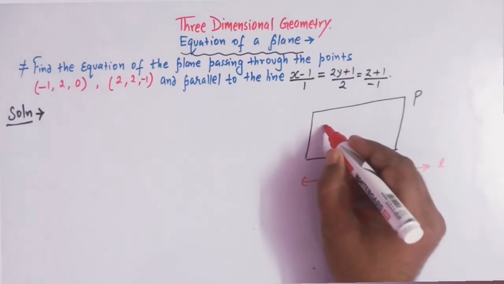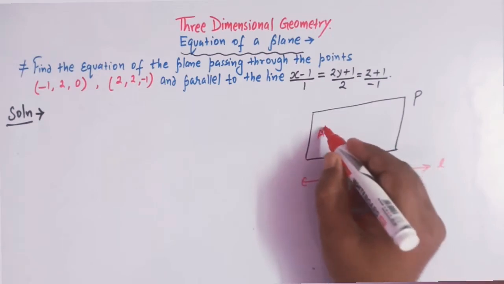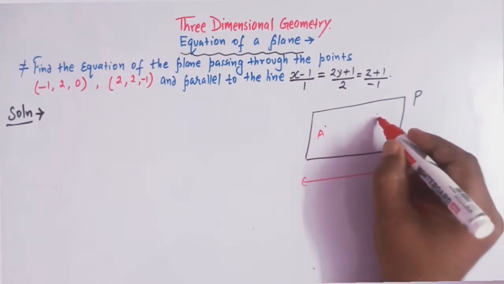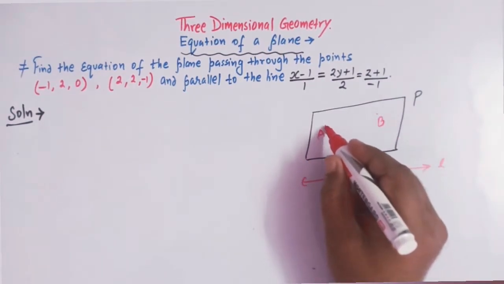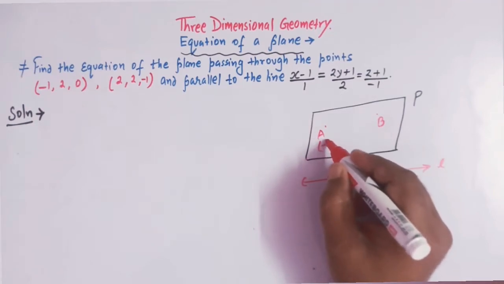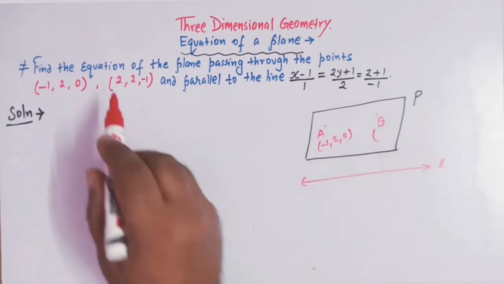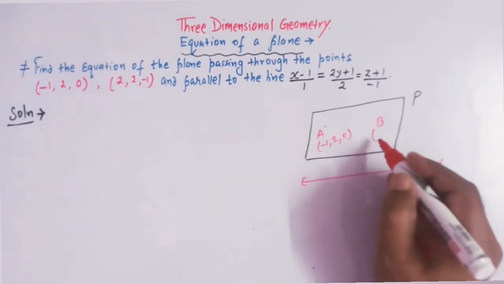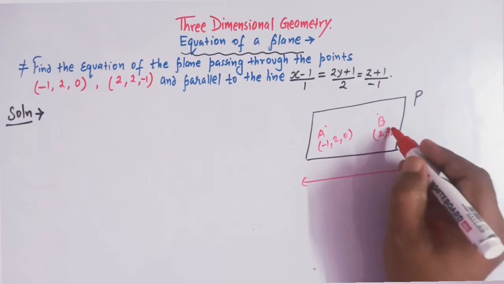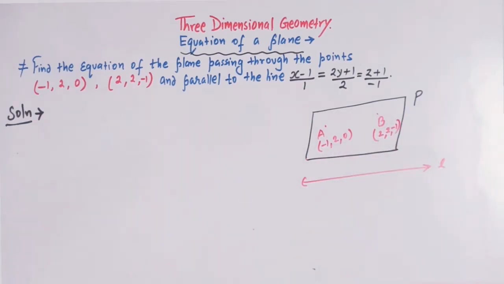So let us call these 2 points as A and B, right? So the coordinates of point A are (-1, 2, 0) and the coordinates of the point B are (2, 2, -1), right?